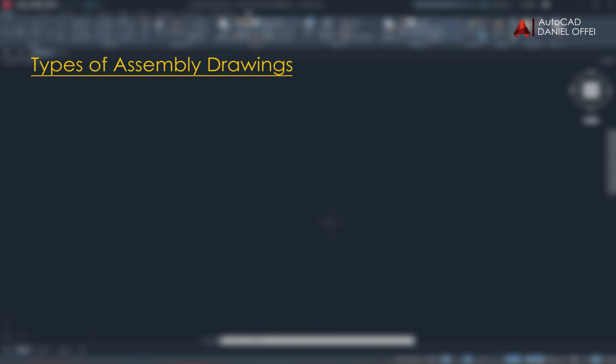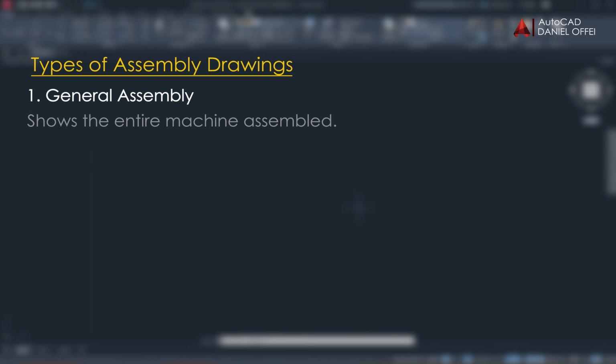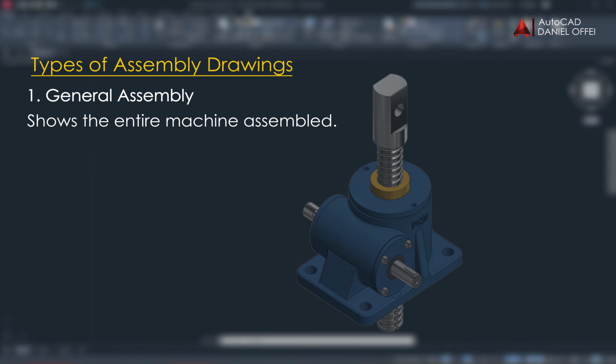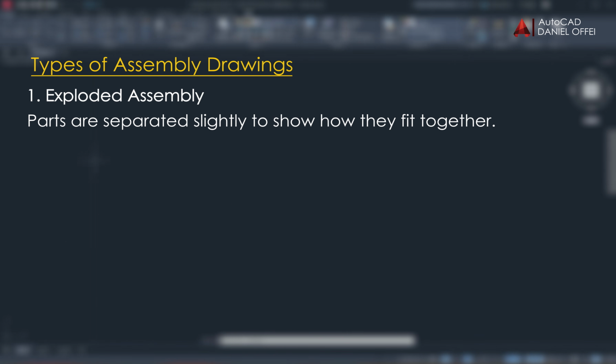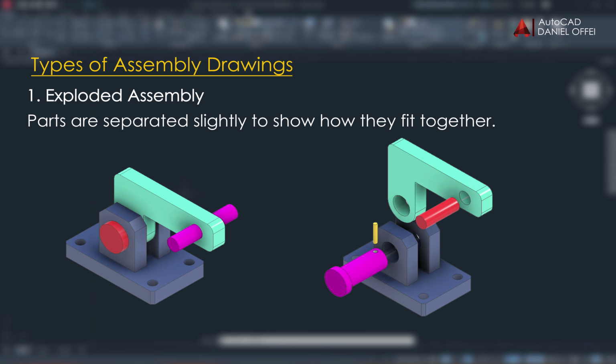Now let's go on to look at some types of assembly drawing. We have the first one called a general assembly, which just shows the entire machine as it is assembled. Then we have the exploded assembly, where parts are removed slightly to show how they fit together or where exactly they are supposed to fit in a complete product.